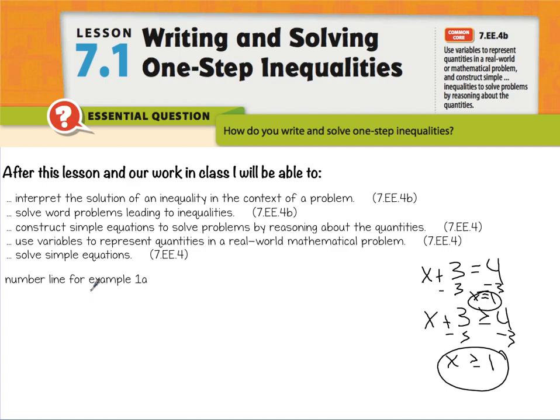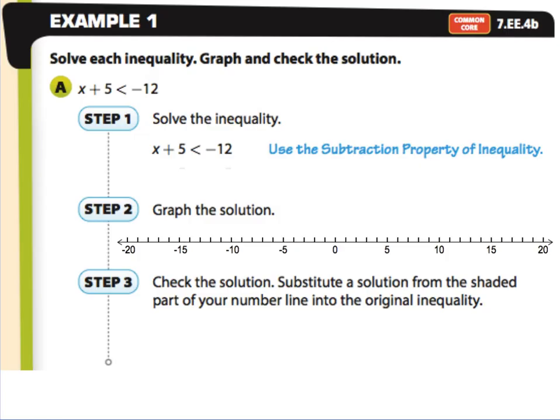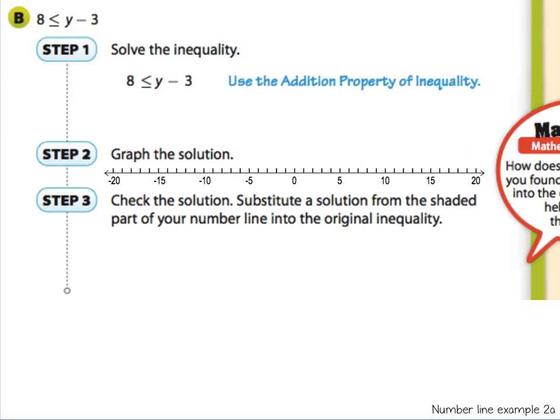Before we get into that, though, I need you to go to example 1a, and I need you to draw in a number line. Now this number line for 1a, so quickly go with me and write this down. Don't draw the number line yet. For a, it can be from 0 to negative 20. So remember, negative 20 should be down here. Then you need to do one for 1b. For 1b, yours can be from 0 to positive 20.